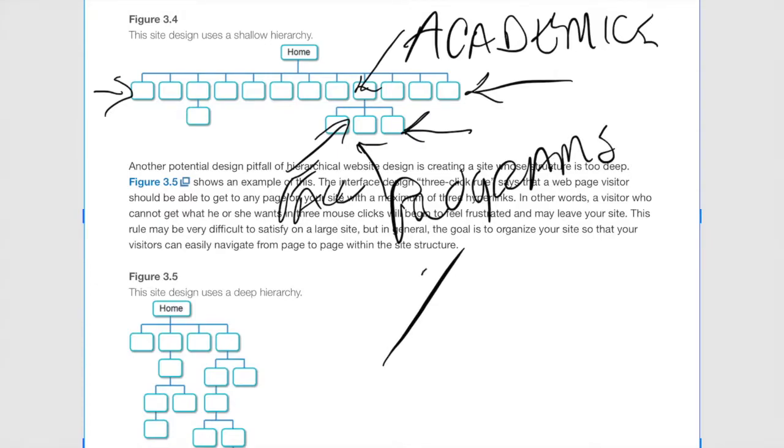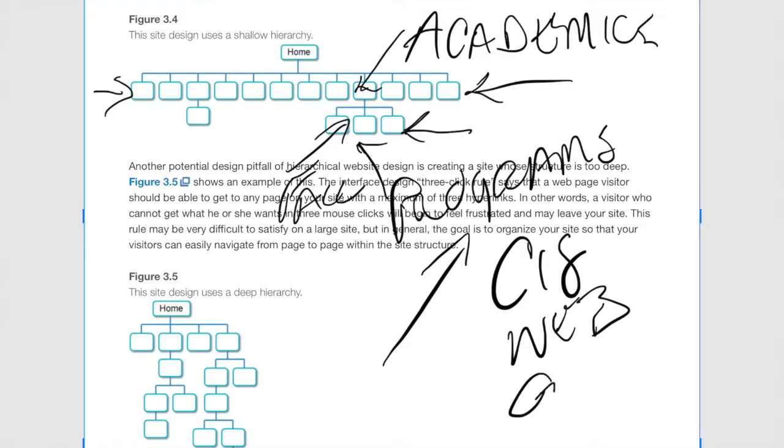Even under programs, we could have more pieces to our hierarchy, right? We would have one for CIS, one for web, a general studies tab, and so on and so forth. If you can decide on a hierarchy in the beginning, and if you can stick to that hierarchy moving forward, what you'll prevent is pages becoming orphaned.